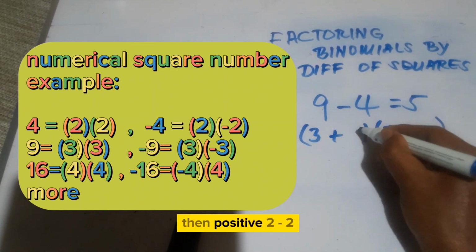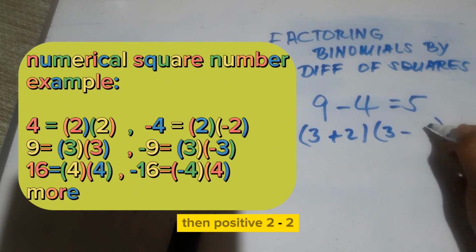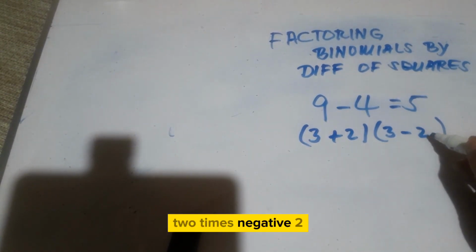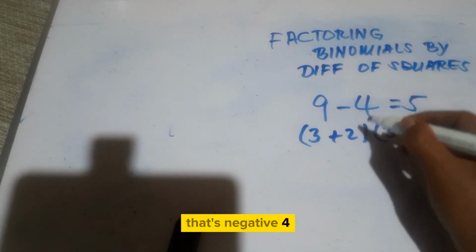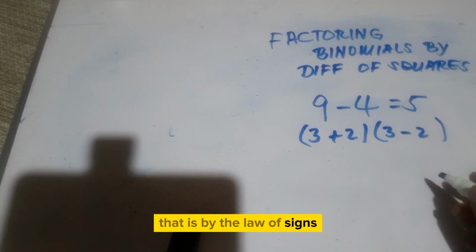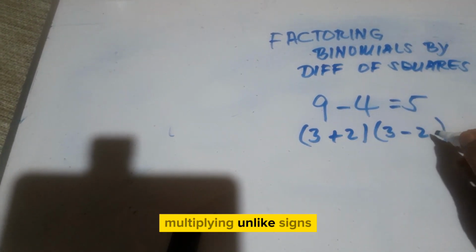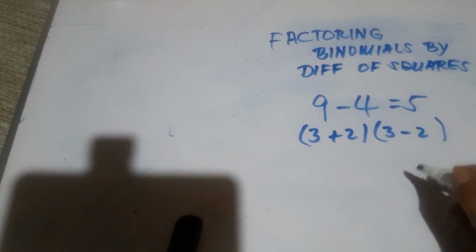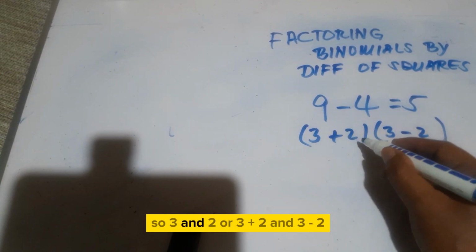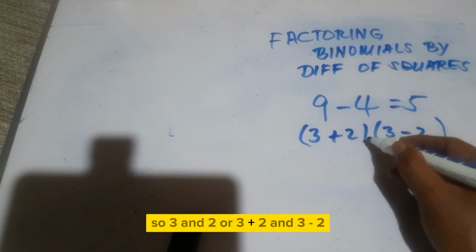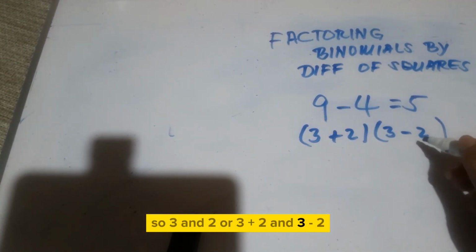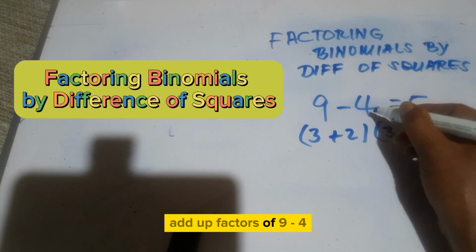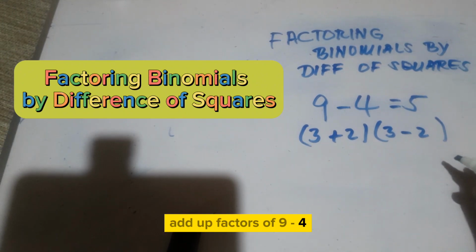Then positive 2 minus 2. 2 times negative 2, that's negative 4. That is by the law of signs. Multiplying unlike signs, the product is negative. So 3 plus 2 and 3 minus 2 are the factors of 9 minus 4.